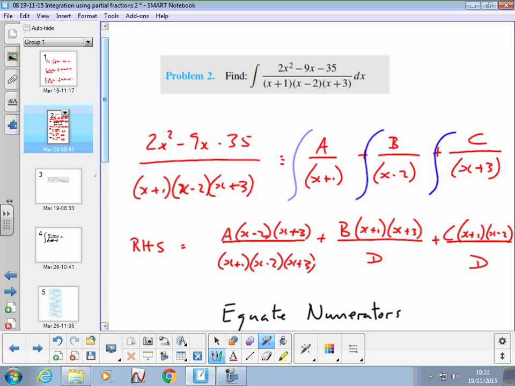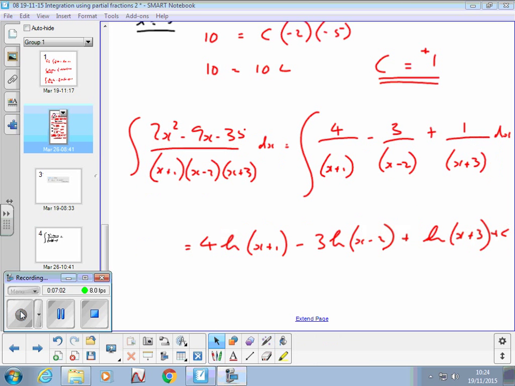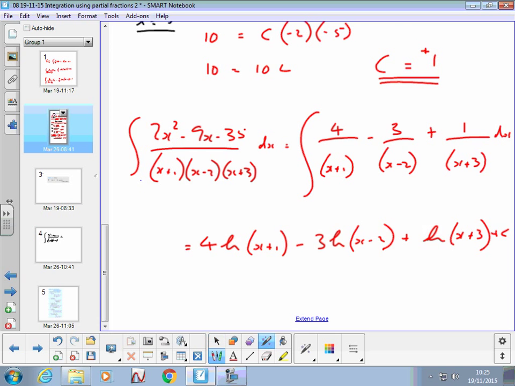So now write down the answer to this problem. So you should end up with that. And of course, if this was a definite integral, say between 1 and 2, we would then put our square bracket round all of this lot, ignoring the c, and put our values of 1 and 2 in to work out the answer.